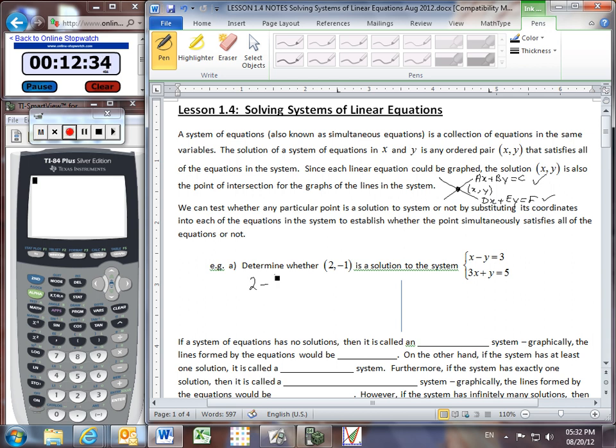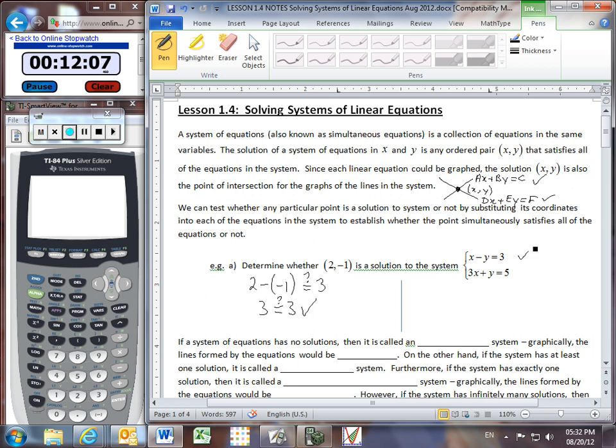So I've got 2 minus negative 1, is this equal to my right-hand side of 3? This is a pretty informal way of checking. I'll have a look at formal ways of checking at other times, I think. 2 plus 1 it becomes. Is 3 equal to 3? Of course it is. This means that 2, negative 1 is on this equation. So that is a point on that line, if you think of it graphically.